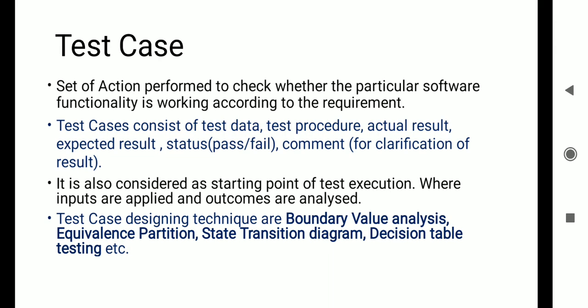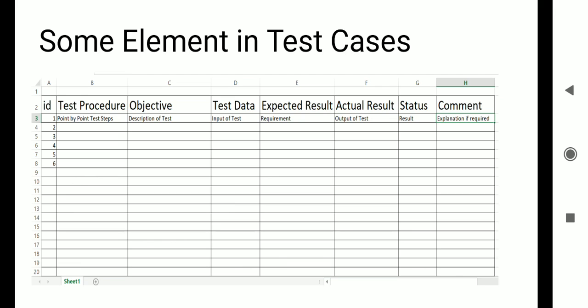Test case design techniques are boundary value analysis, equivalence partitioning, state transition diagram, and decision table testing. Here is the format of the test case that organizations usually follow when preparing test cases.